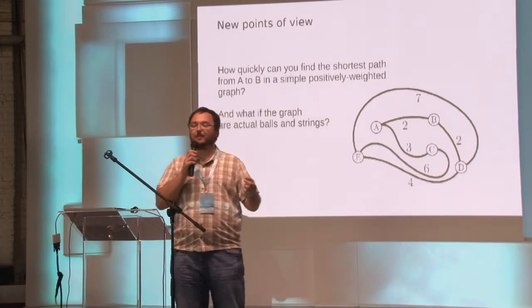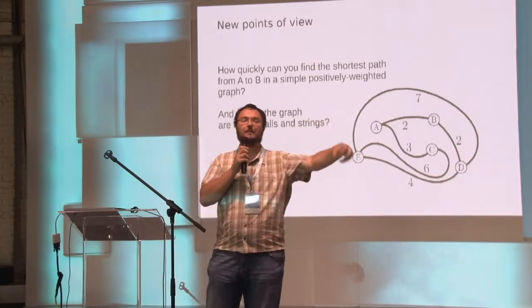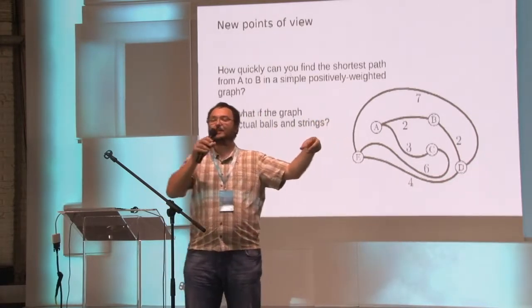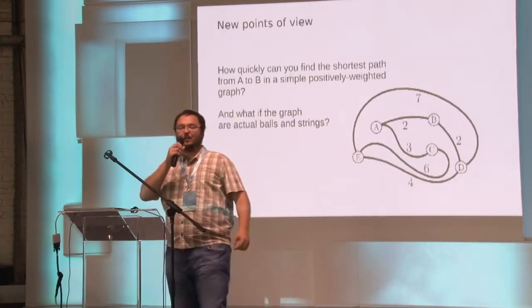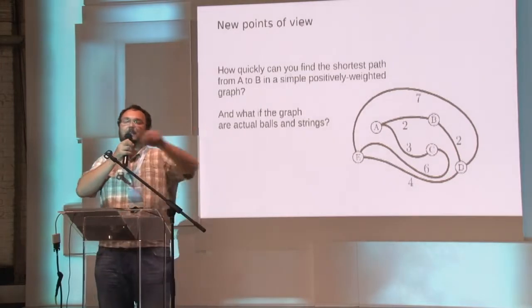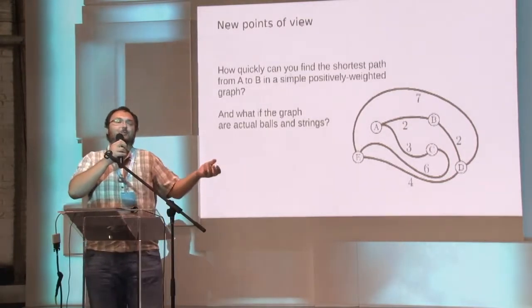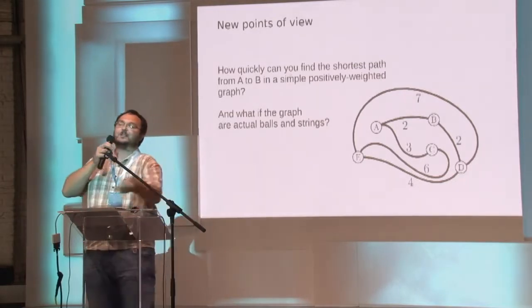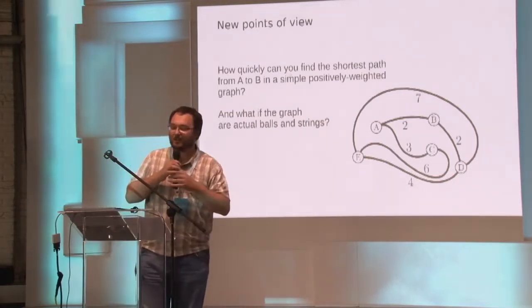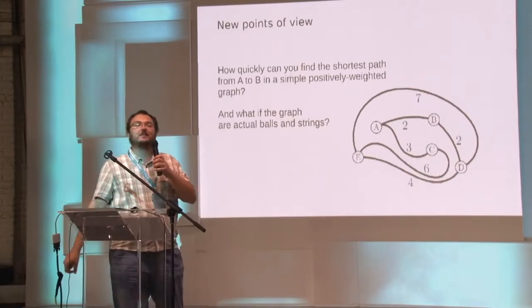If you want the best path from A to B, you grab the ball A with one hand, you grab the ball B with the other hand, and whenever it stops, whenever the strings become tight, you have just found the shortest path from A to B in constant time. The strings that are tight are the shortest path, and all of the others have some slack, and those are not.